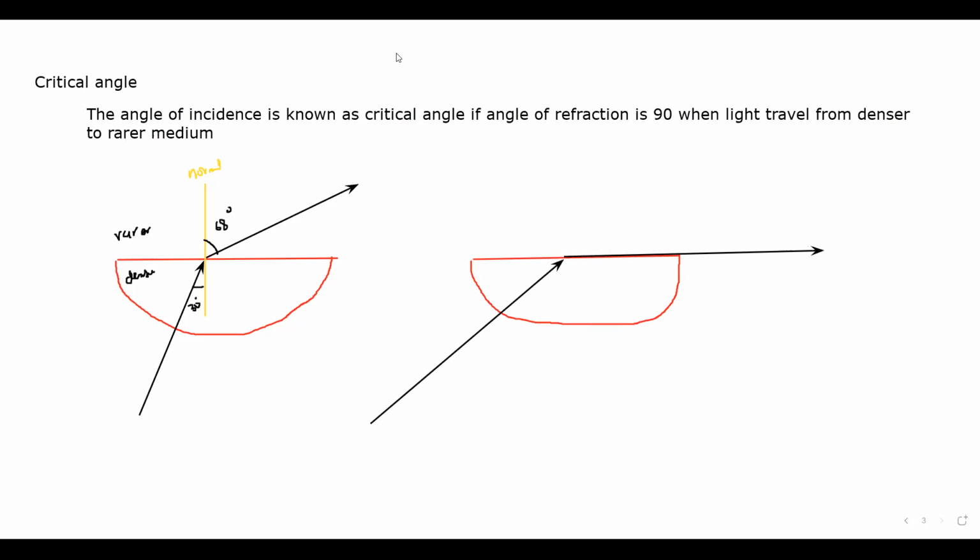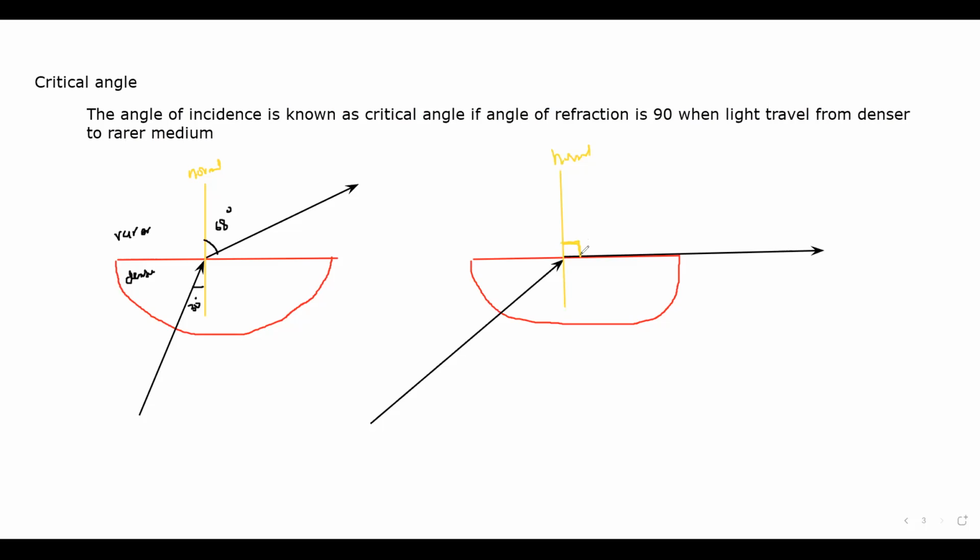So when we draw the imaginary line, in reality it's not there, this is just an imaginary line which is perpendicular to the surface, that's called normal. So what is this angle of refraction?